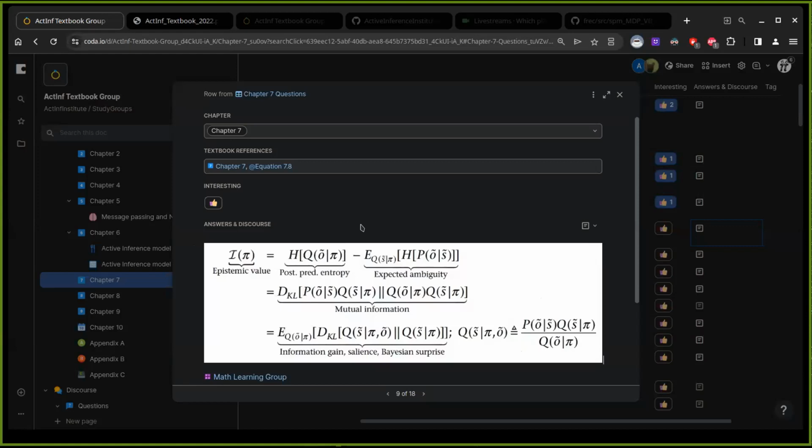Thanks. Yeah, well, if I may give a more informal reading of this equation. This equation basically means that both extrinsic and epistemic value work together to somehow increase the likelihood of our preferred outcomes by minimizing the uncertainty.